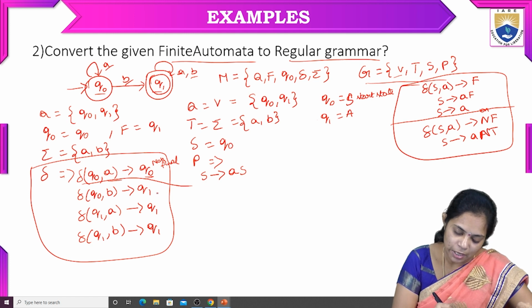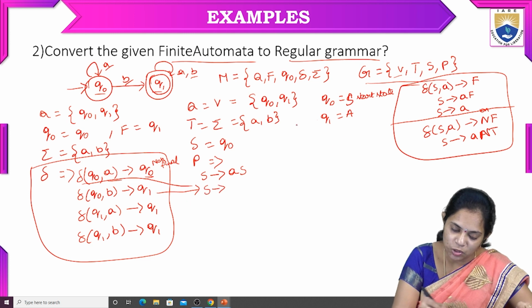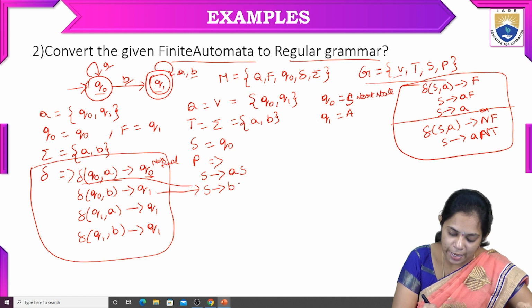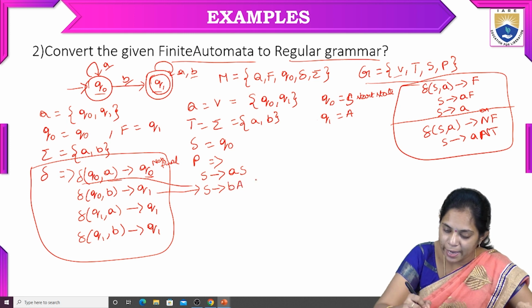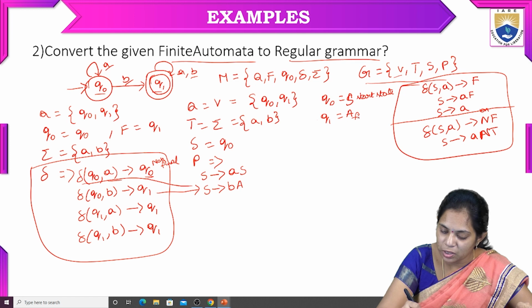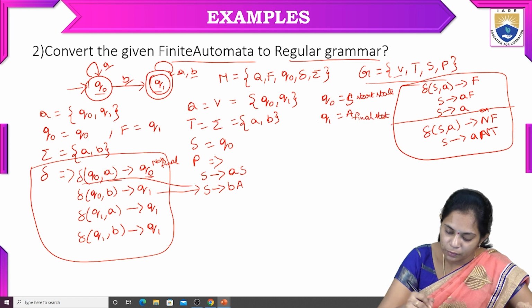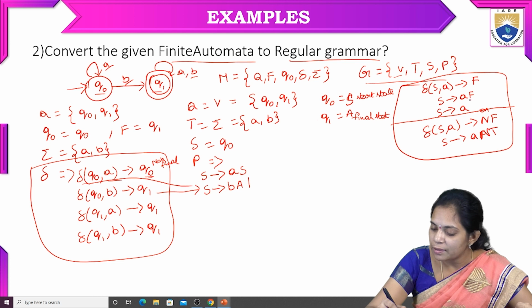And the next one: when it is having the input symbol b for the same state S, b is reaching the final state, this is the final state.